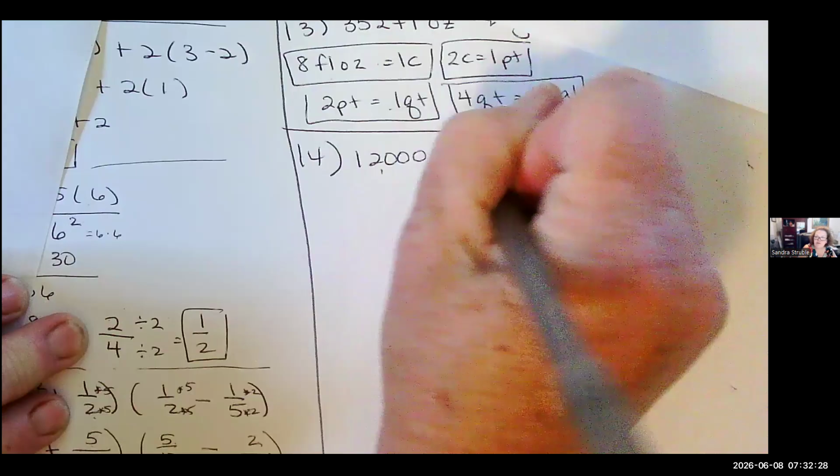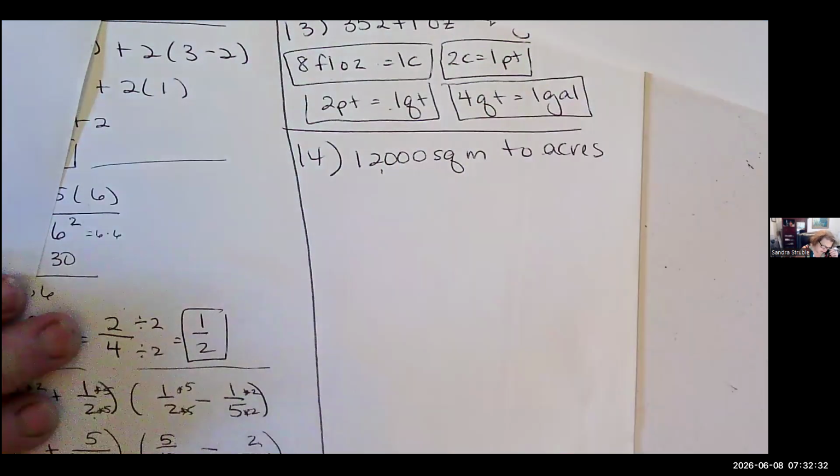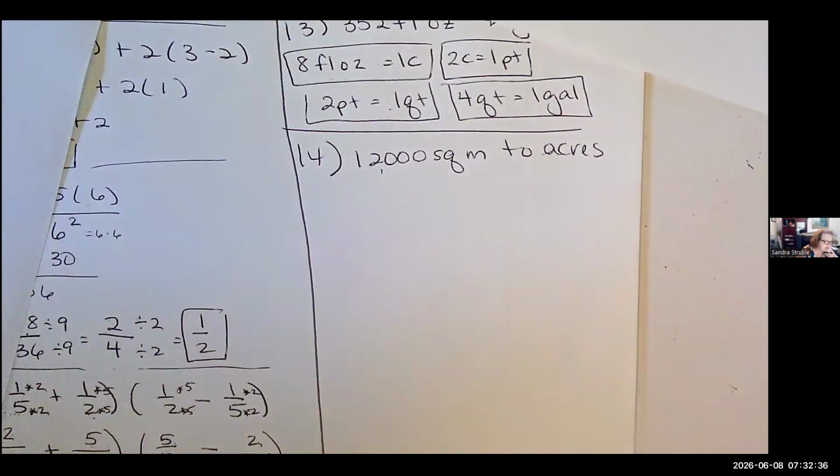So we're crossing from metric and US. And this is length. I can get from miles to kilometers. I can get from feet to meters. I think that's, what do we have for acres? Do we have it? Oh, there it is.